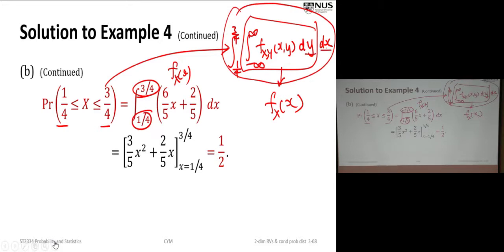If you have the marginal distribution of x, then you just integrate with respect to x over this marginal of x. But what I'm saying is that this way is equivalent to doing the joint distribution and integrating y first, which will give you the f of x. This part is just f of x.